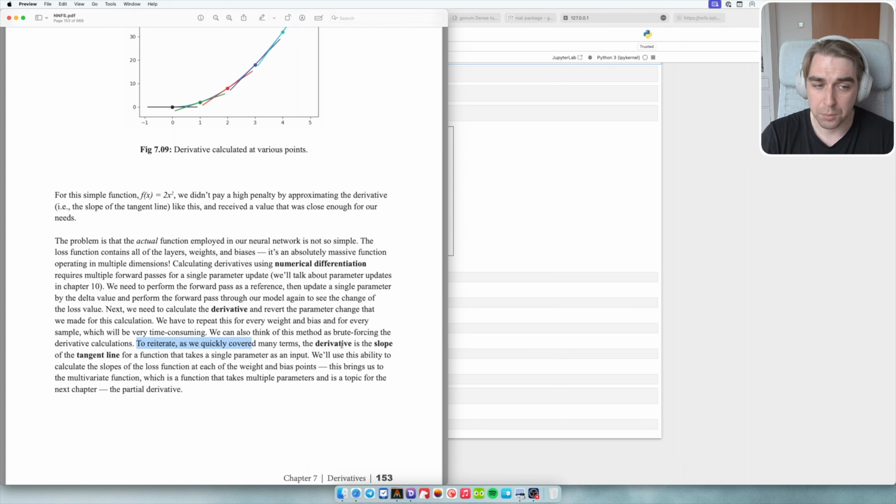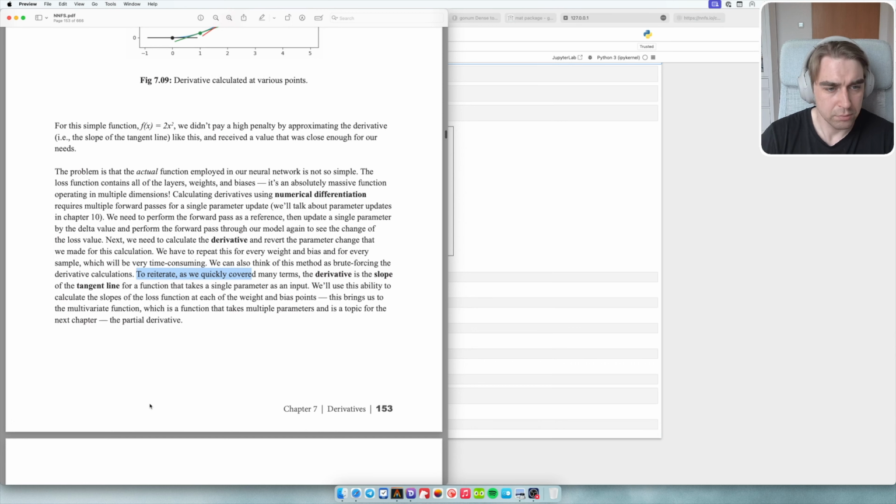We'll use this ability to calculate the slopes of the loss function at the weight and bias point. This brings us to the multivariate function, which is a function that takes multiple parameters and is a topic for the next chapter, the partial.